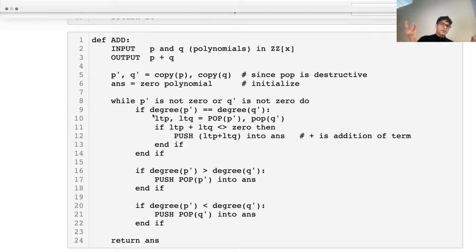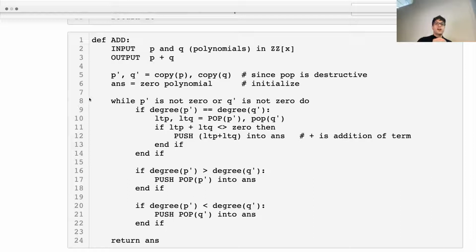Anyways, if you give me two polynomials p and q, and remember both of these are structures which provide pop and push, I'm going to output from this algorithm p plus q. The first thing we want to do: I said pop and push are functions that mutate, right? So the inputs p and q are going to be destroyed, and you may not want to destroy your input.